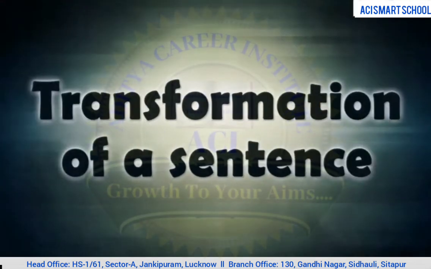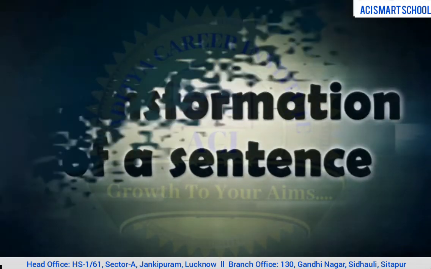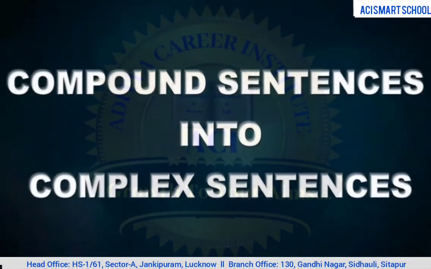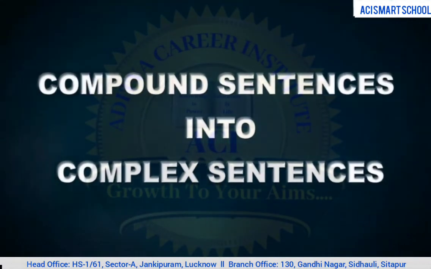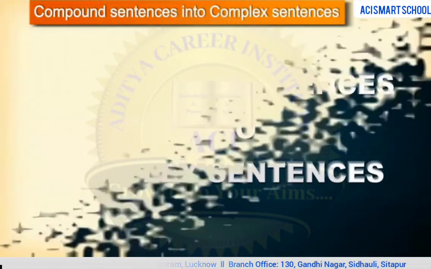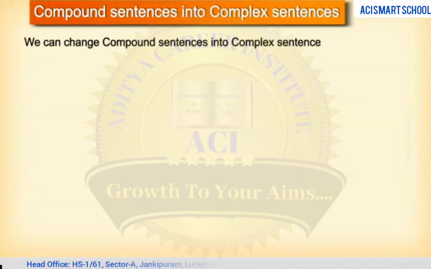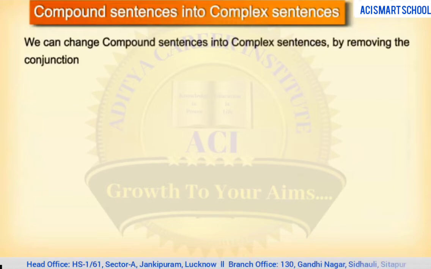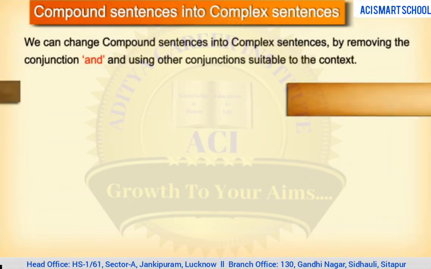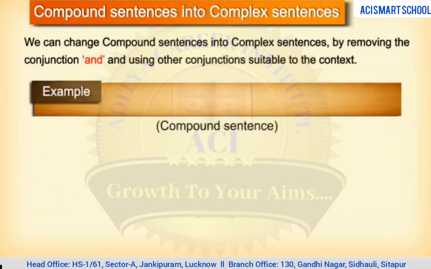Transformation of a sentence. Conversion of compound sentences into complex sentences. We can change compound sentences into complex sentences by removing the conjunction and using other conjunctions suitable to the context. Consider this compound sentence.